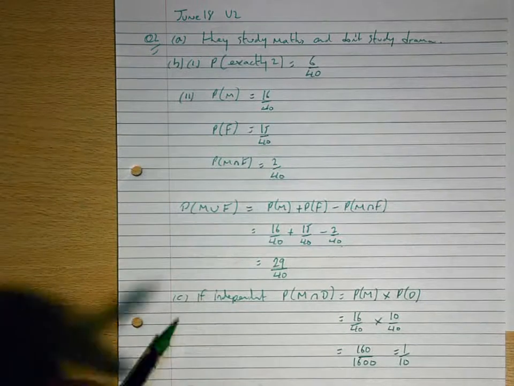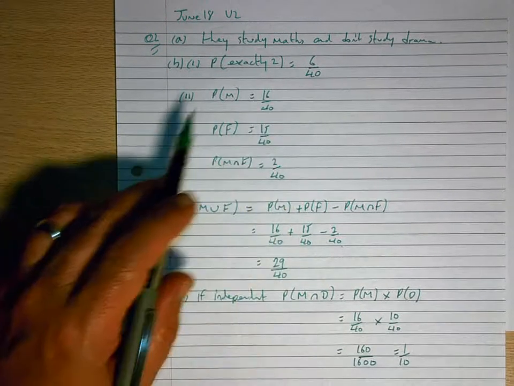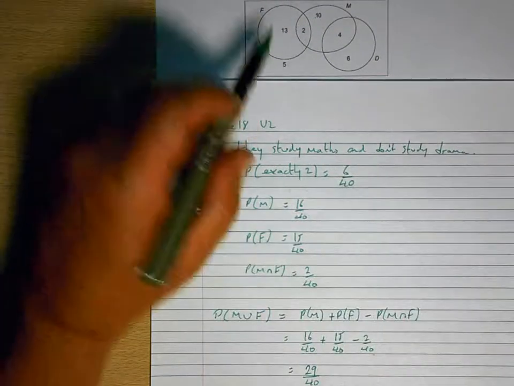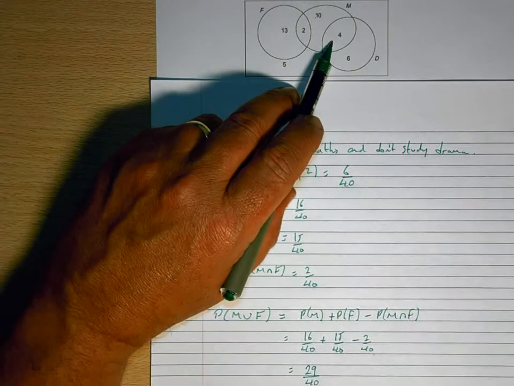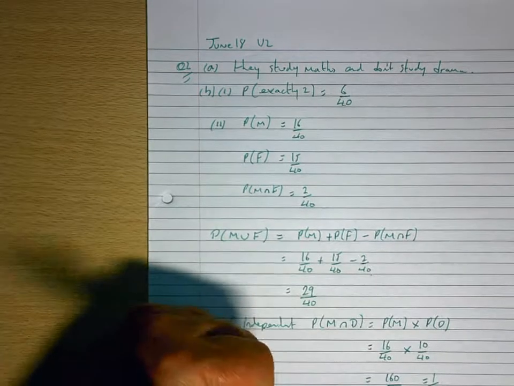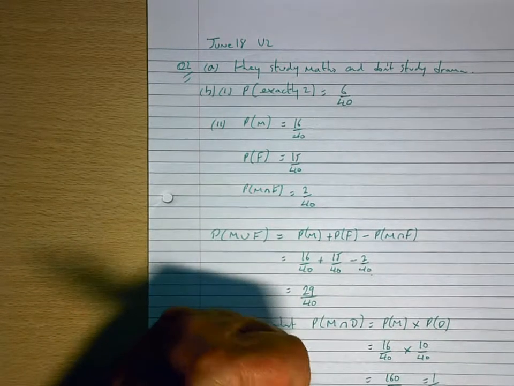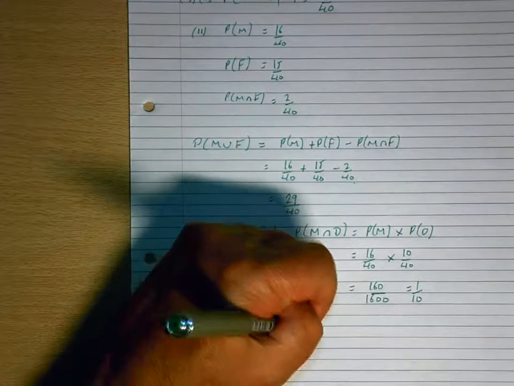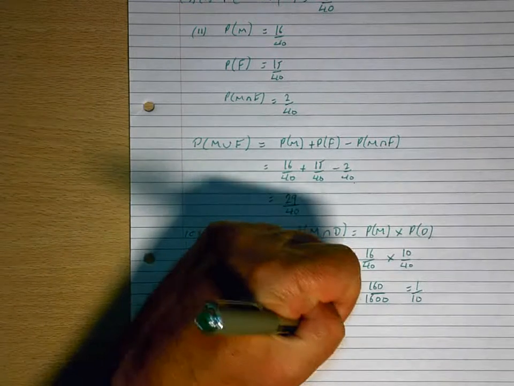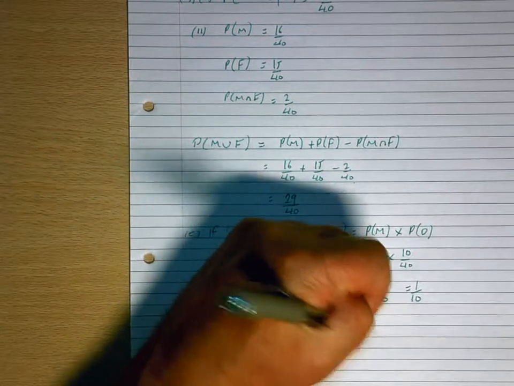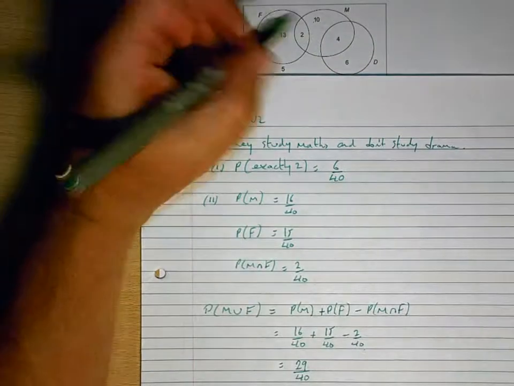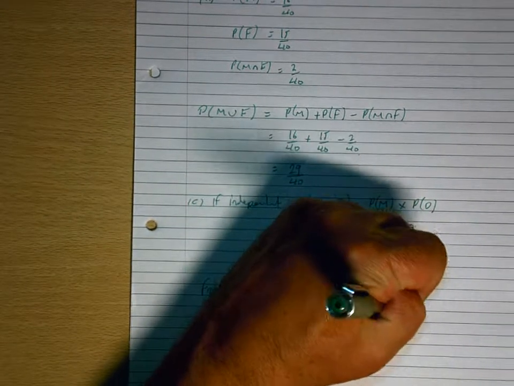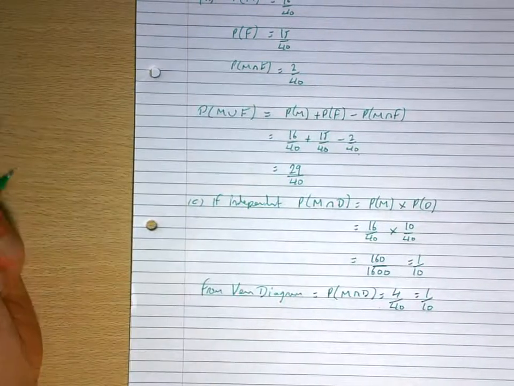Now we could use the general addition law now, because we've got the union, or we can find the union and check whether that intersection is the same. But we've actually got it on the diagram that the intersection is 4. So from the Venn diagram, we know that the probability of M intersection D is the overlap between M and D, which is 4 out of 40, which is also a tenth.